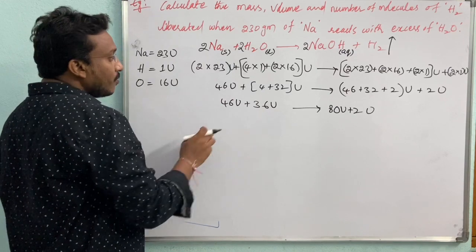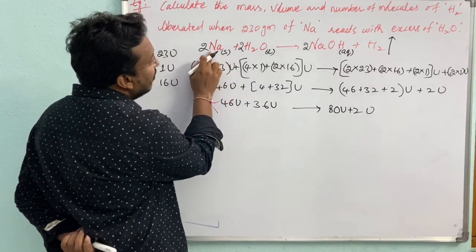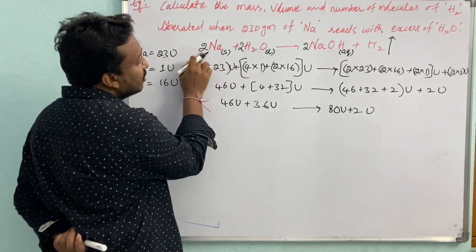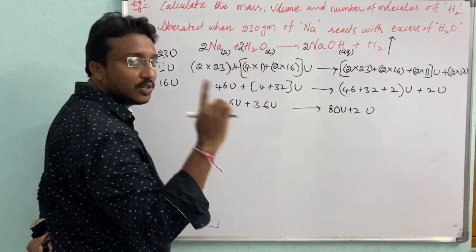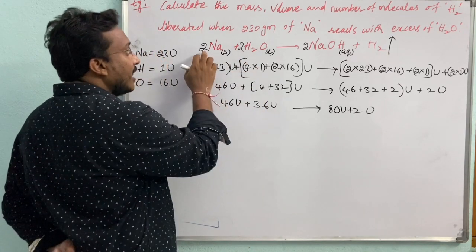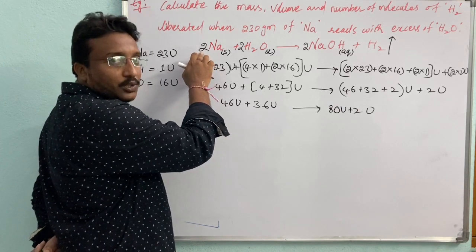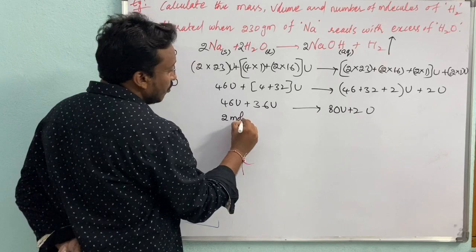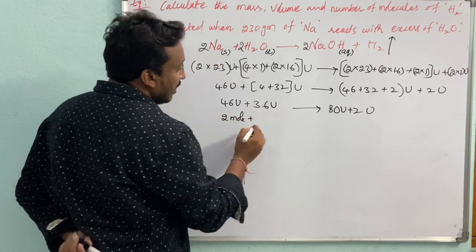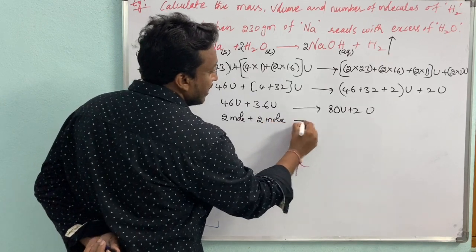Now in moles: 2 moles of sodium, here it has given 2, and its symbol or formula shows 1 mole. Here the coefficient is 2, that means 2 moles of sodium and 2 moles of water react.